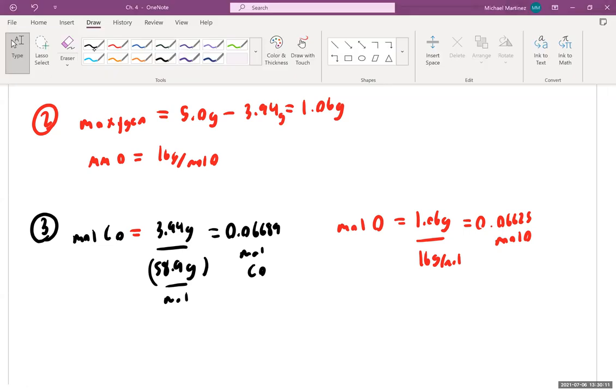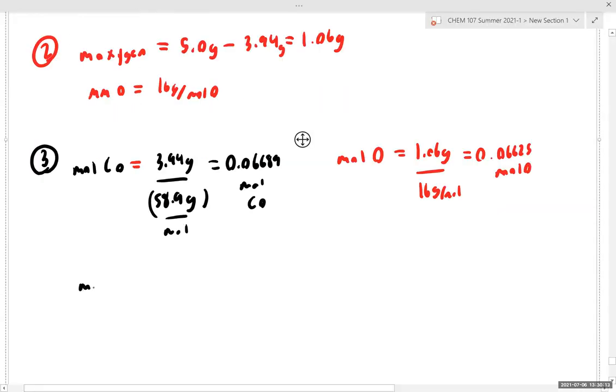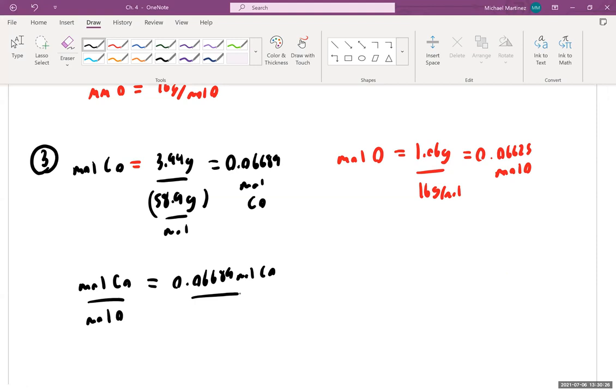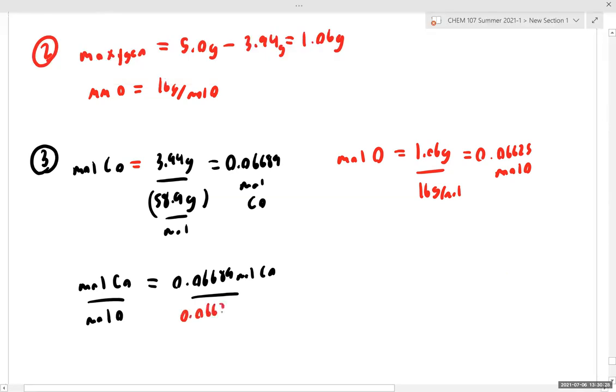Taking our mole to mole ratio, so our moles of cobalt per mole of oxygen, we have 0.06689 moles of cobalt over 0.06625 moles of oxygen.